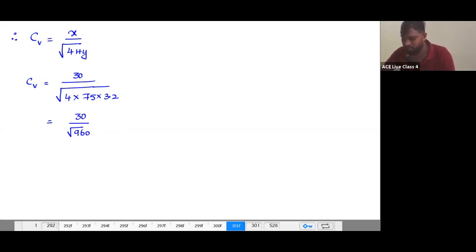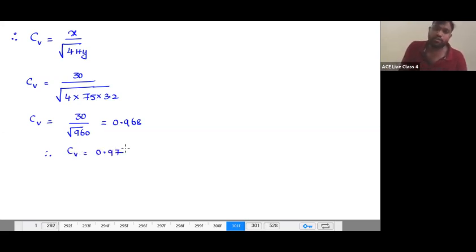Now this value is going to be 0.968. Let's take it as 0.97. I told you the CV ranges between 0.95 and 0.98. You can keep it as 0.968.